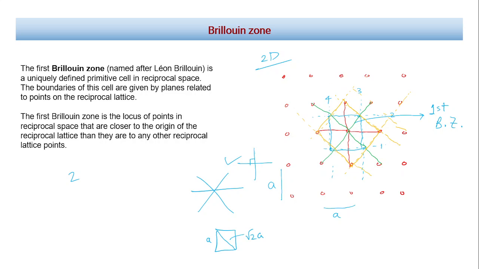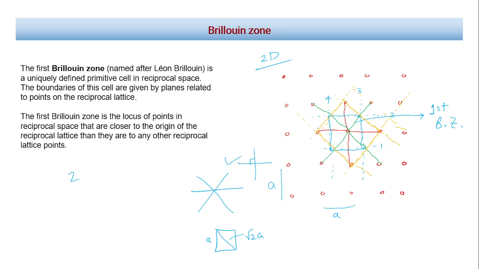Because these lattice points were all at constant distance, the first Brillouin zone here is actually also a square, and the second one, this portion will also be inside, because it's drawn roughly, that's why it looks like this.